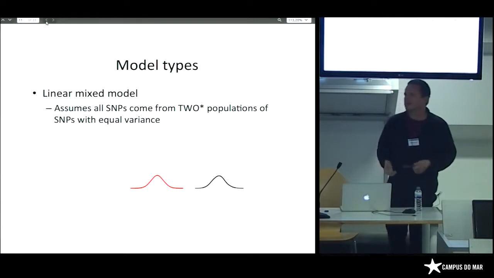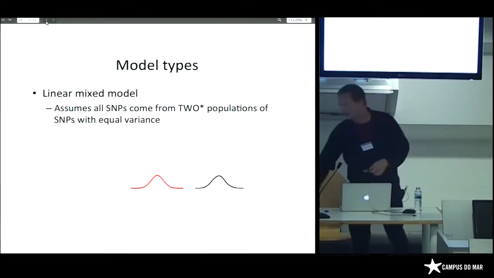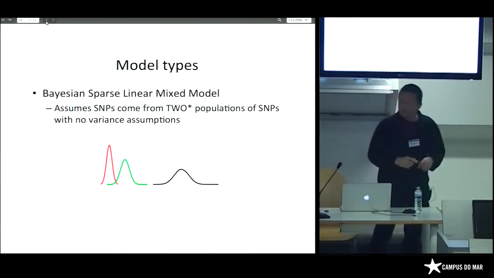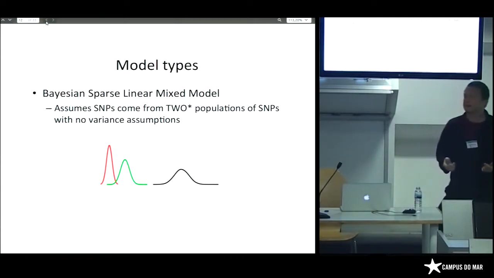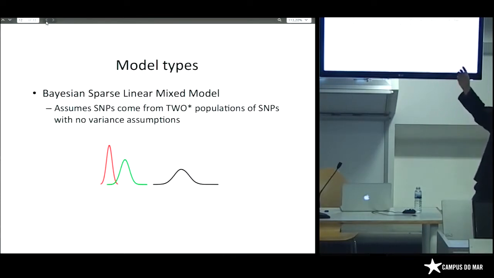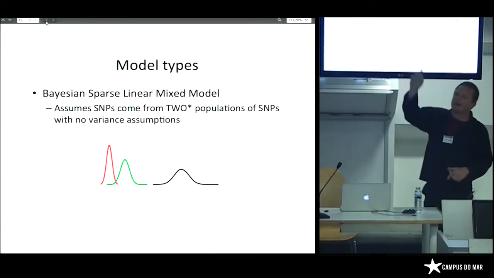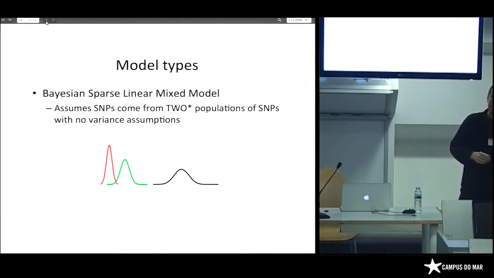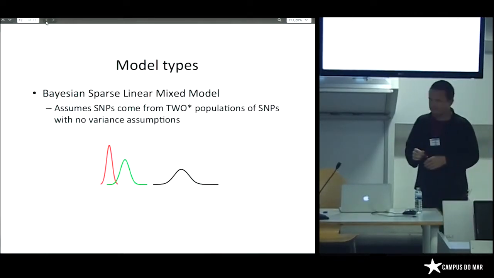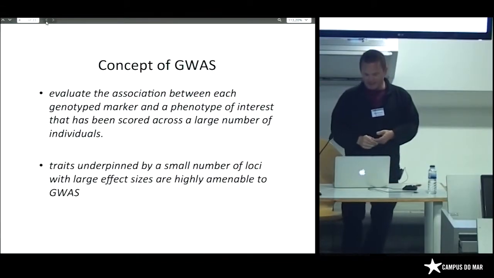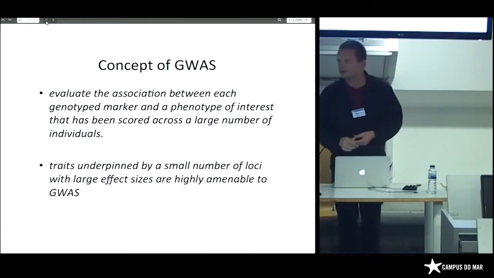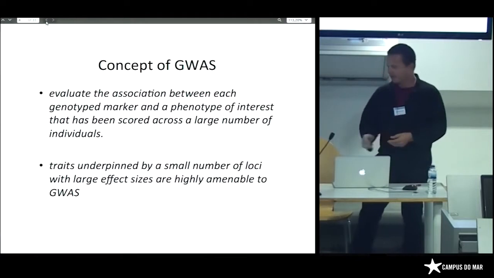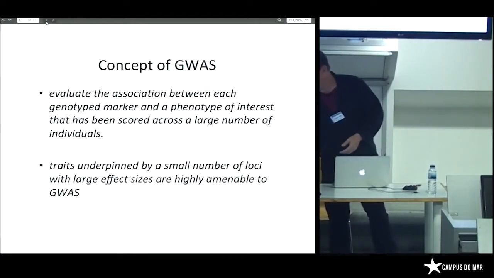So we need a model that allows us to deal with two populations of SNPs, or more, 3, 5, 7 different populations overlaid against each other, with varying degrees of variance in each subpopulation. The way I'm going to talk to you about that today is using a program called GEMMA. And I think I have a little bit more theory for you first.